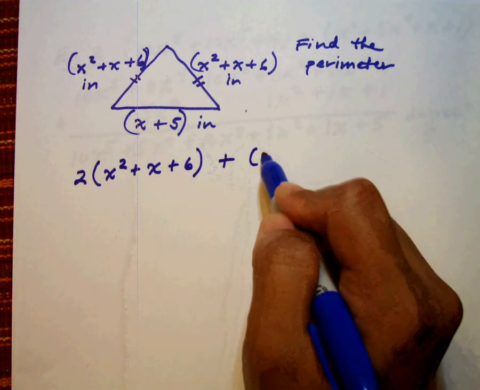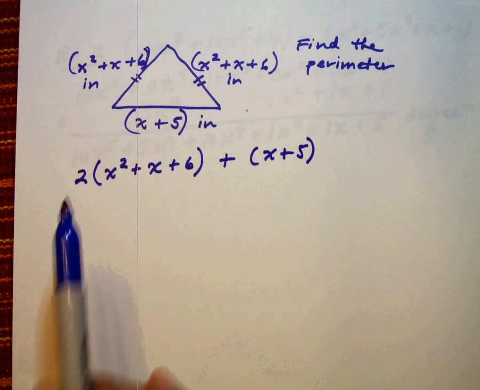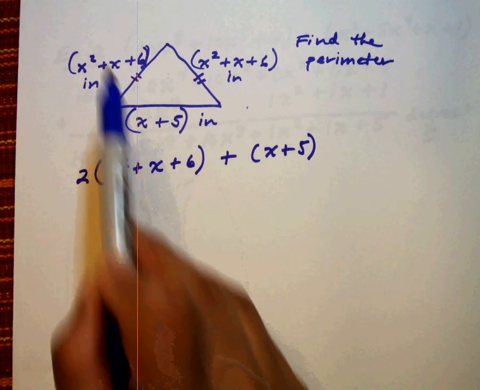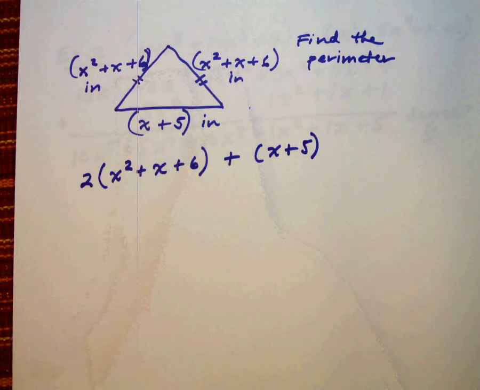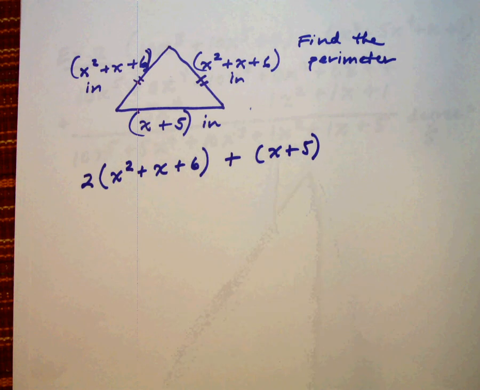Is it necessary to put parentheses? Yes, because I have 2 of these same lengths, that's why I put the 2, and I have x plus 5. Usually you'd put parentheses to keep it the same size, but it's not necessary.